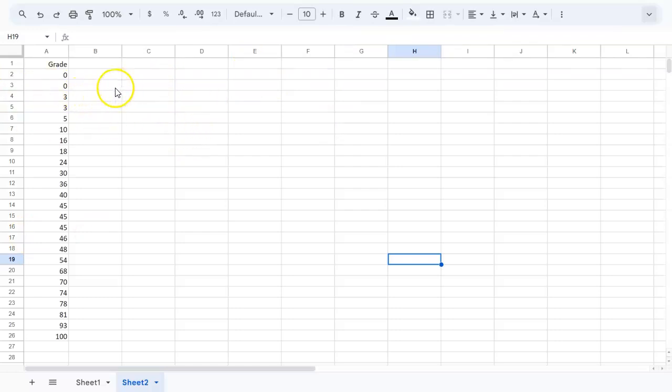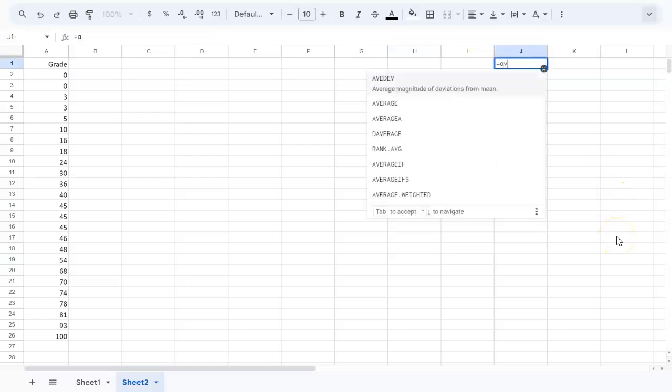But these are your grades as of 3 o'clock today, February 13th, in Lumen, sorted from least to greatest. And so I'm going to see if I can calculate the standard deviation for your grades. Okay, so the first thing you need to do is figure out what that average, or what that mean is.